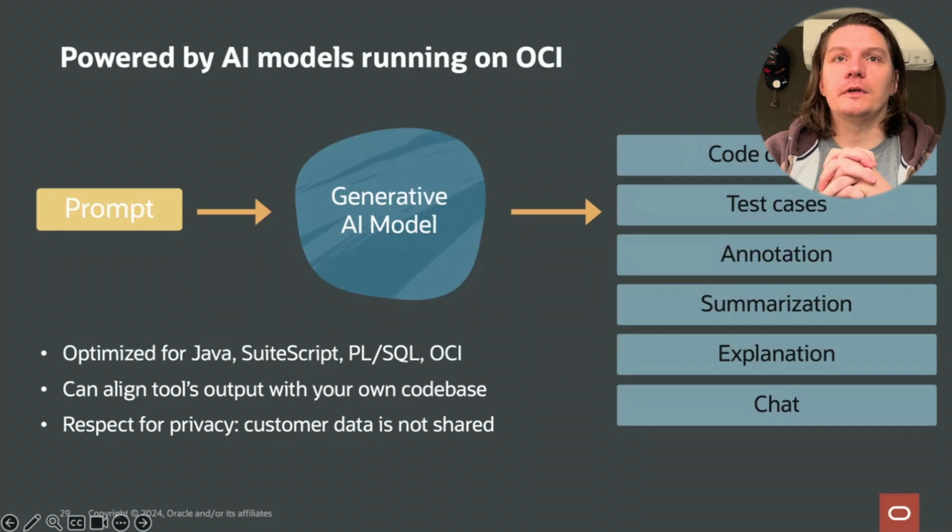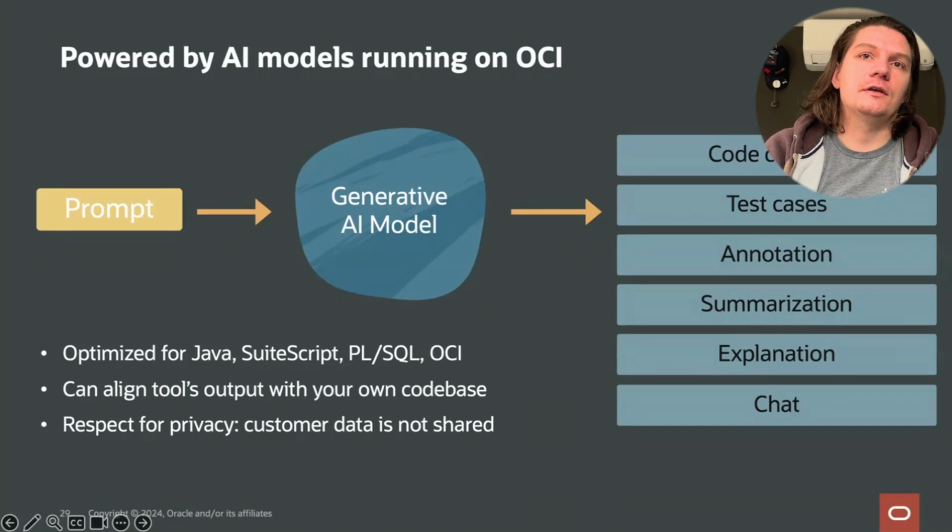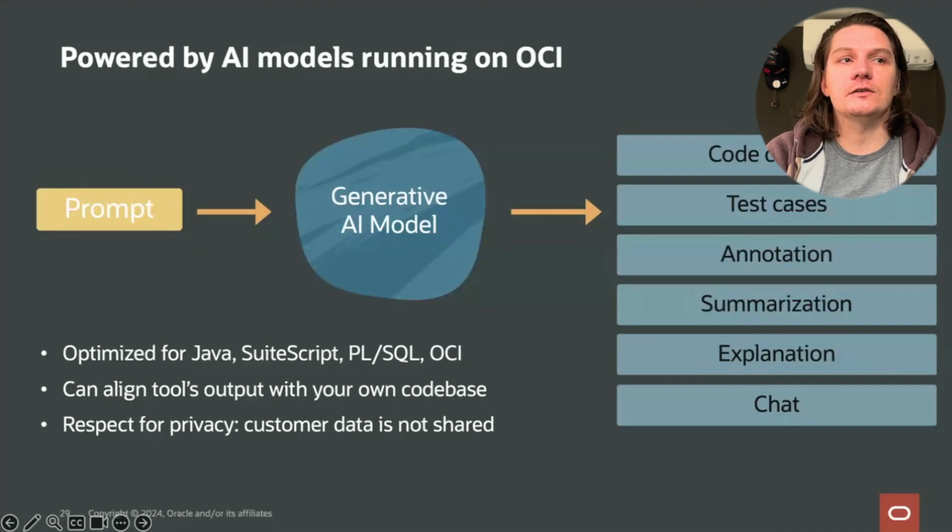In that sense, we are making sure that we are adhering to security. Obviously, we have some of the biggest customers in the enterprise space, so security for us is a huge thing, and we respect the privacy requirements. So I think that's worth mentioning.